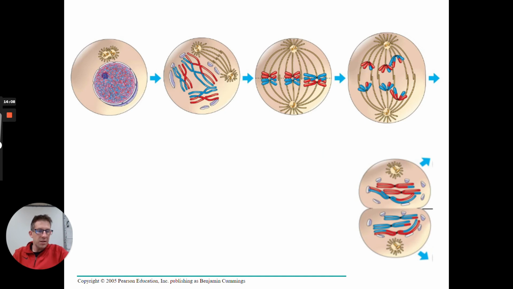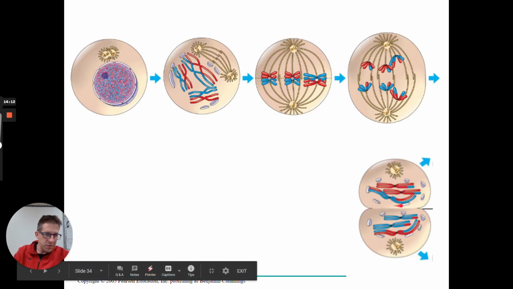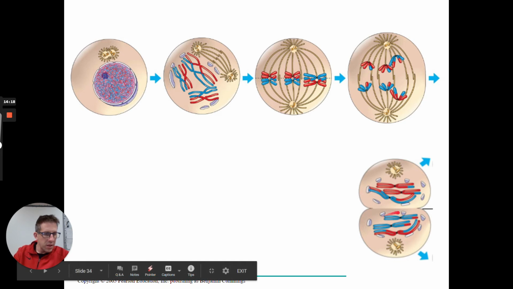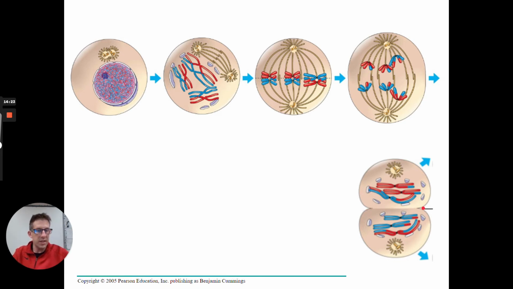And then in telophase, we see the nuclear envelopes begin to kind of reform here, okay? Not wholly, not all the way, and we start to see cytokinesis occur. Both of those events are the exact same things that happen in mitosis, okay? So a lot of what we've seen already is exactly what happens in mitosis, with some small differences.